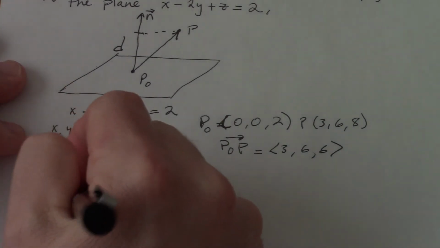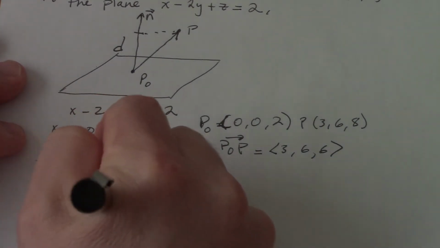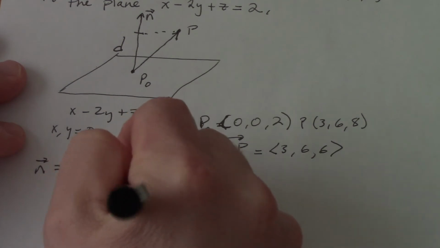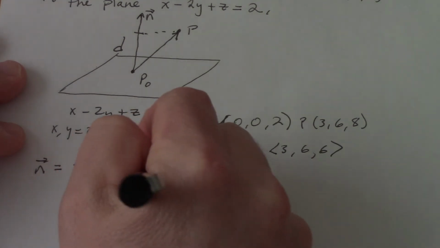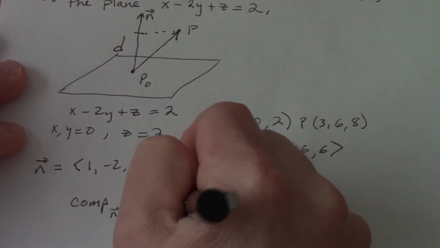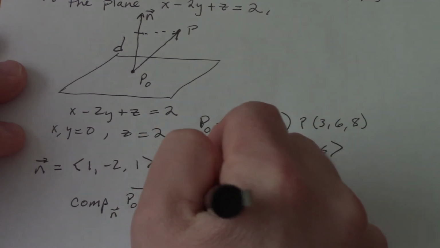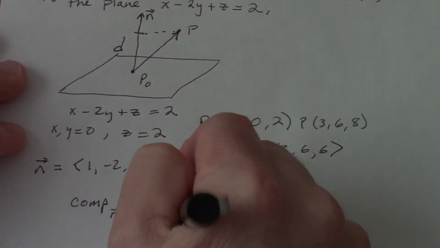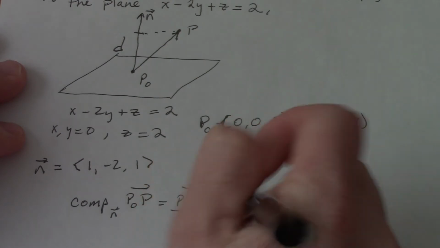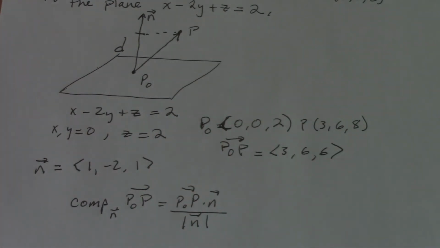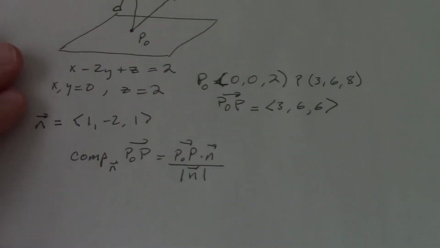Okay, so we're going to do the scalar projection of P0P onto N. And remember that's P0P dotted with N over the magnitude of N. When you're doing these for a plane, the magnitude in the bottom should always be of the normal vector, if that's ever confusing.